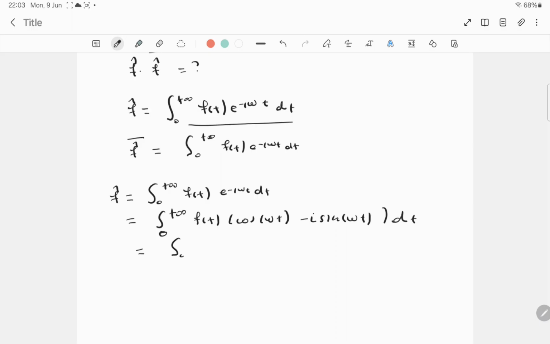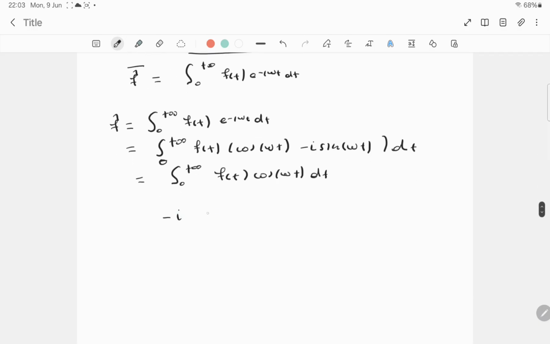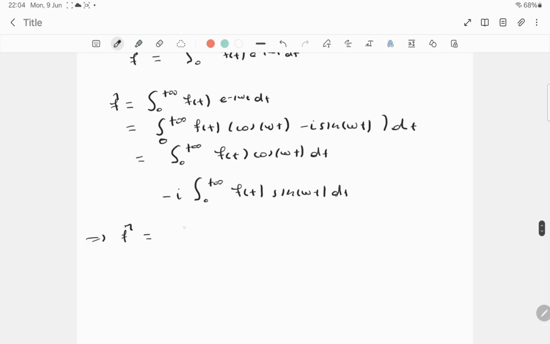Let's split this integral into two parts. So my f hat is a complex number of this form.